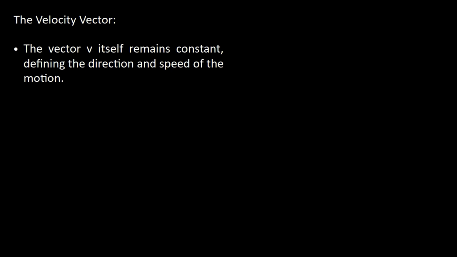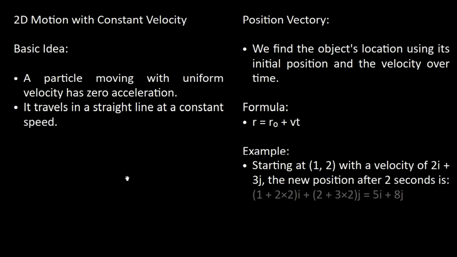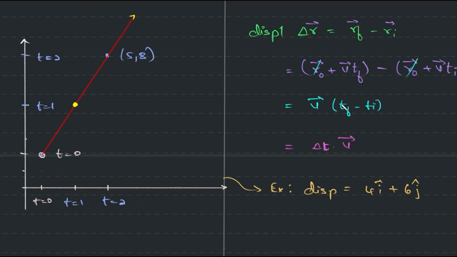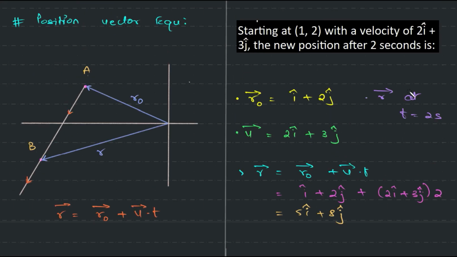We can go back. So we are looking at equations of motion when it comes to two-dimensional motion with constant velocity, meaning there's no acceleration. And our position vector will look like something like this. And this is your example.